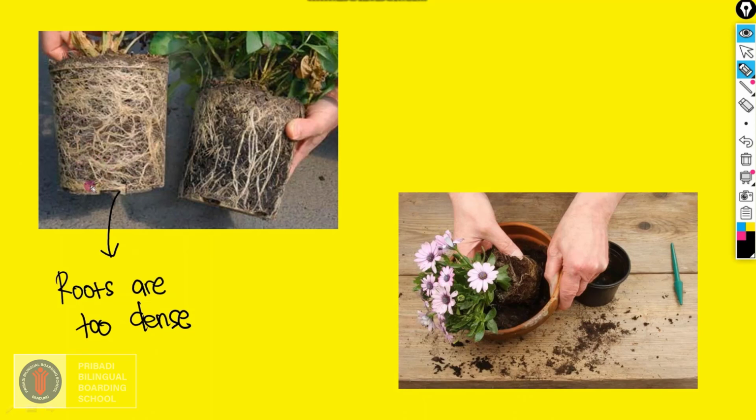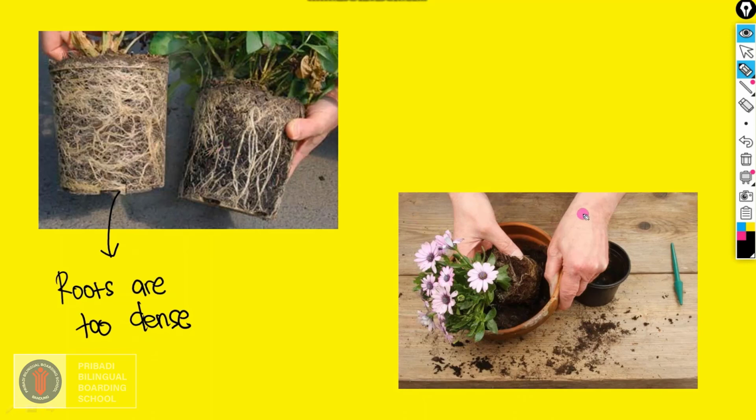It happens when the plant is getting bigger and the roots are getting longer and having more branches, and there is no space for the plant, usually when it is planted in a pot. Okay, if we compare with this one, we still can see some soil and the main roots, and the branches of the roots still grow in a moderate way.